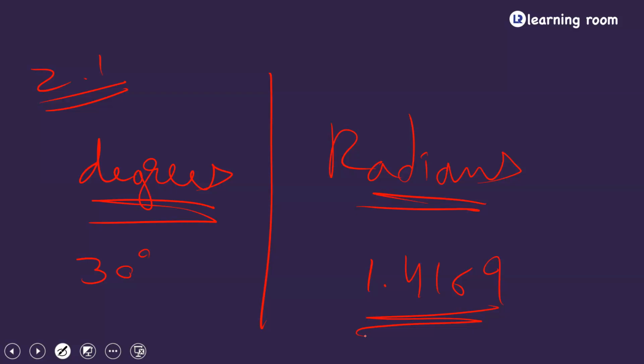When I get 1.416 and so on, it makes sense because I can multiply it and equate it. So we need radians scientifically for anything, and the conversion is very easy for us. If I know the value in degrees, I can directly convert it to radians. How do we convert? I'll tell you now.